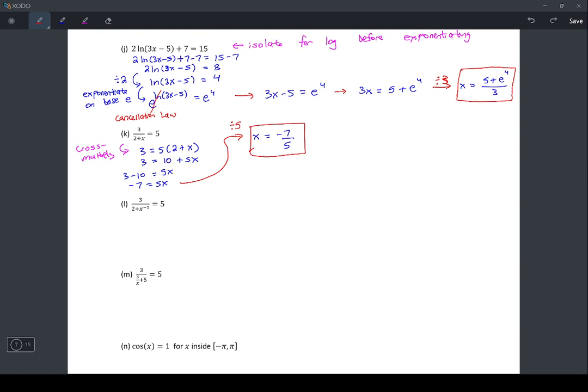Okay, the next problem, problem L, is almost identical. We're going to follow the exact same steps. We'll begin by cross multiplying.